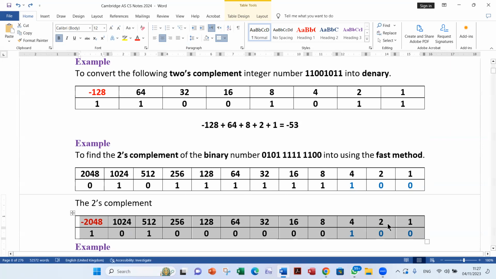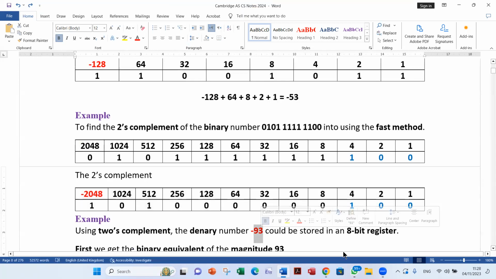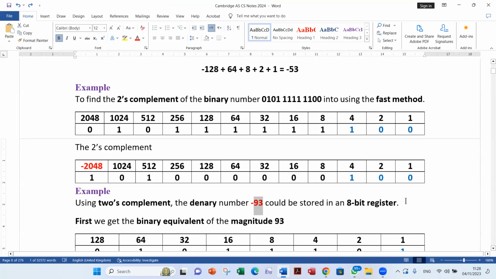So your next exercise: using 2's complement, how would the denary number negative 93 be represented in 8 bits?